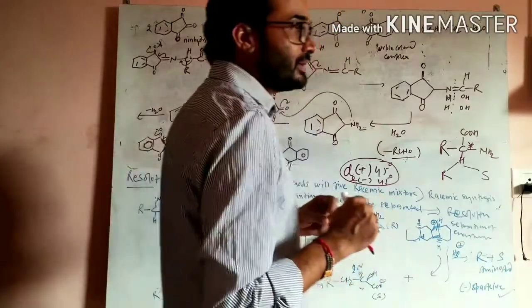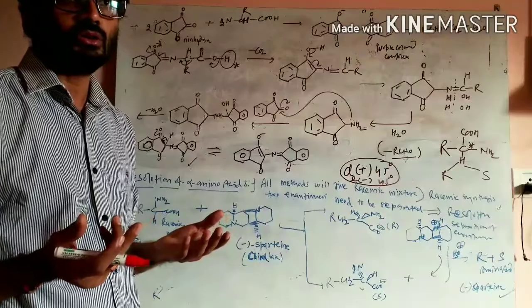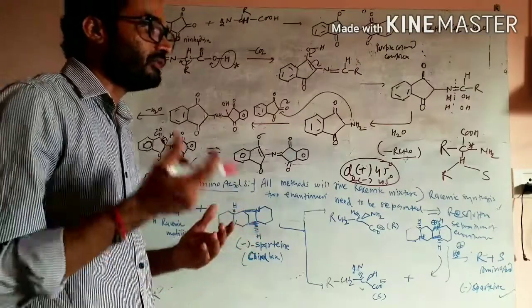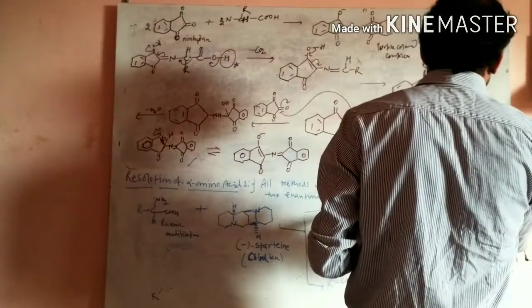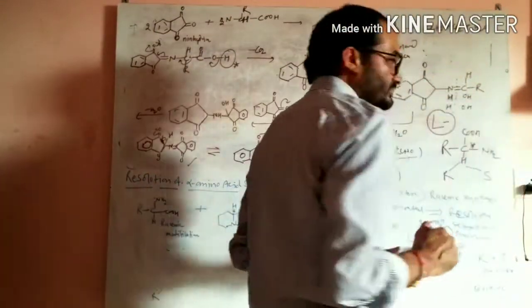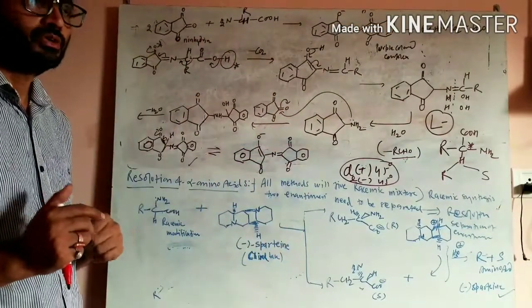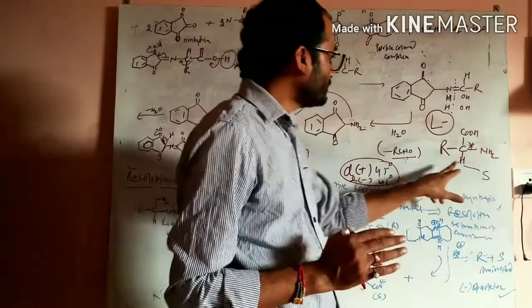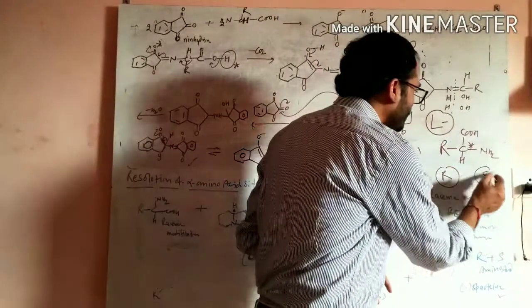Now, we need an optically active enantiomer. We don't need the racemic mixture. We need the pure L form, because we know that all natural amino acids are L amino acids. So we have to separate out these R and S forms.